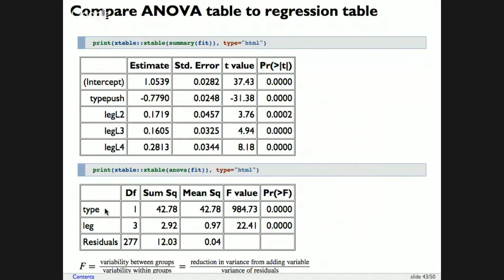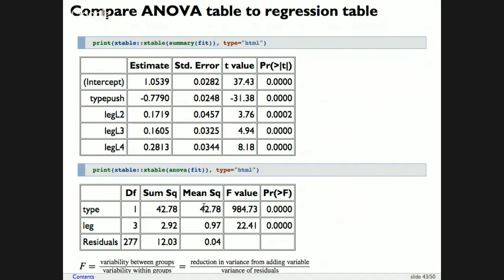Then you add type to the model, fit that model, and calculate your sum of squares of the residuals. And the difference between that intercept-only model and the model with just type in it, that difference in the sum of squares of residuals is 42.78. So this gives you a measure of how much adding type to the variable reduced your sum of squares of the residuals. And then again, mean square is just divided by the number of degrees of freedom, which is 1, so it's the same here.